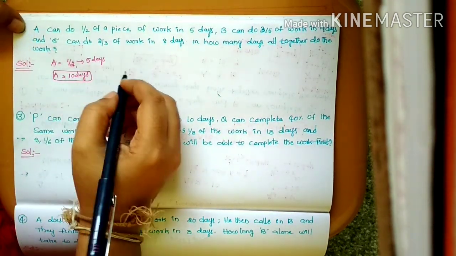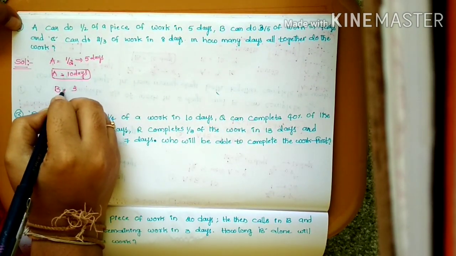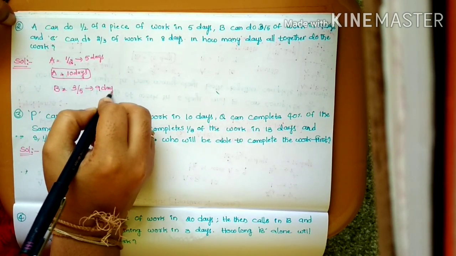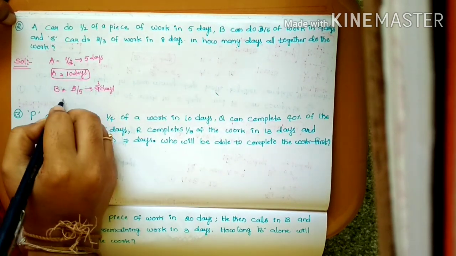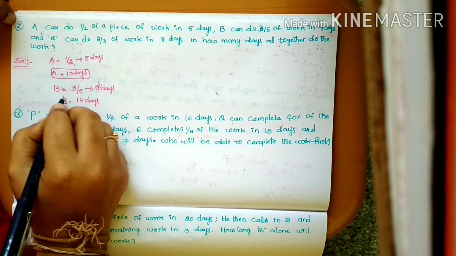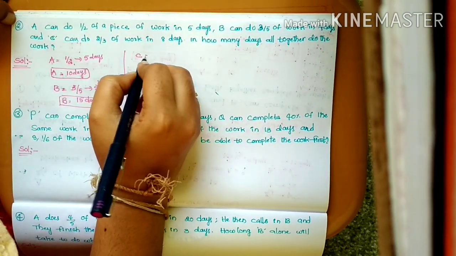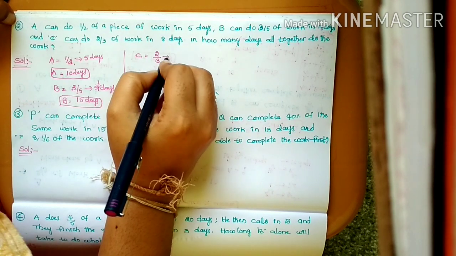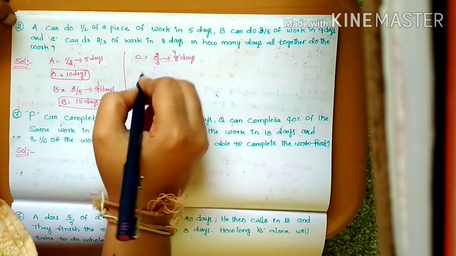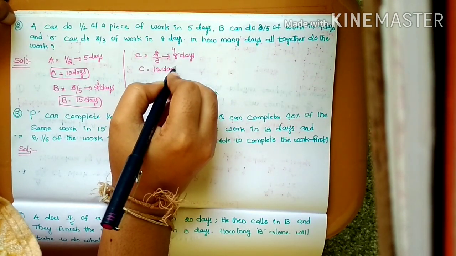Next B. 3/5 of work in 9 days. 3 threes are, so B is equal to 15 days. Next C is equal to 2/3 of work in 8 days. So C can take 12 days to complete the work.